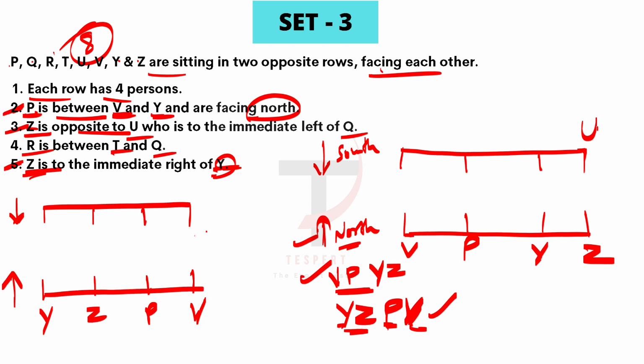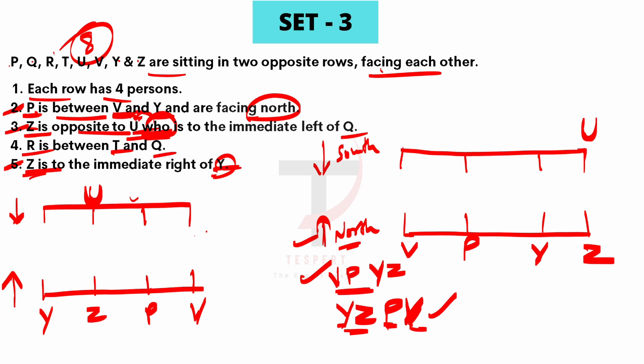Okay. Now the next learning is Z is opposite to U, who is to the immediate left of Q. Here, who refers to whom? Does who refer to Q or U, or does who refer to Z? Just think about it. Please remember, whenever who is there, it refers to the person who is introduced just to the left of who.